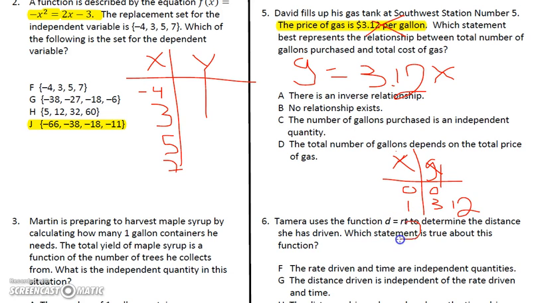If I buy 2 gallons, I pay 6.24. So I know that the money depends on the amount of gas I'm putting into my car. So the number of gallons that you buy is my independent quantity. So in this case, my answer is letter C.